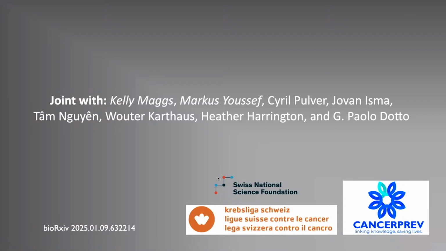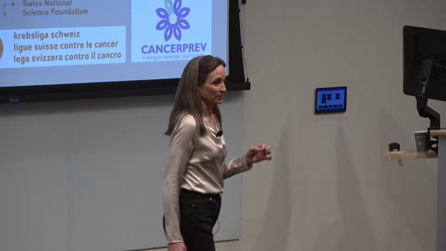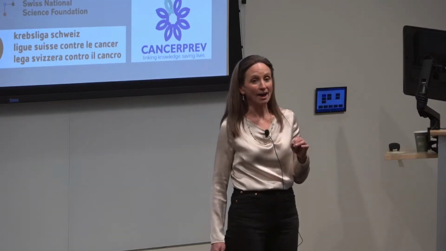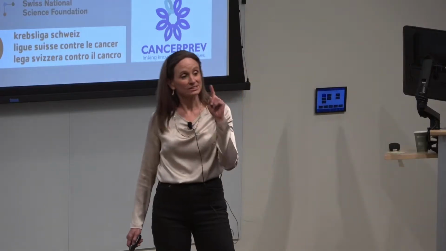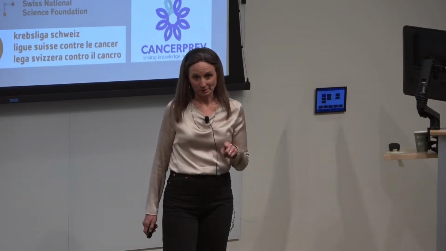This is research that goes back to the roots of Kelly's thesis project. He was hired on an international training grant from the European Union, which was all about cancer biology and innovative methods of doing cancer biology. His specific project was to think about how the menstrual cycle affects gene expression.